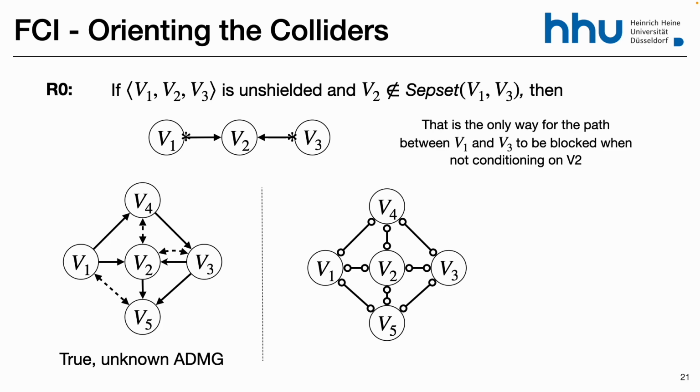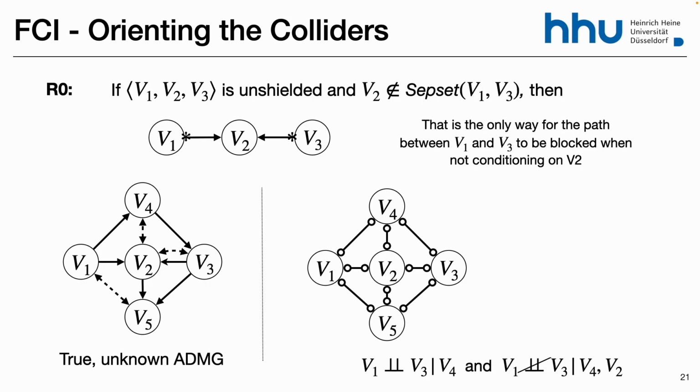There are some triplets that are unshielded. For example, V1, V2, and V3. There is no edge between V1 and V3, right? V4, V2, and V5, the same. And for all these unshielded triplets, we have to check what's the separating set of it. Because if the variable is part of the separating set, it's a non-collider. And if it's not, it's a collider, right? So we just apply this idea.